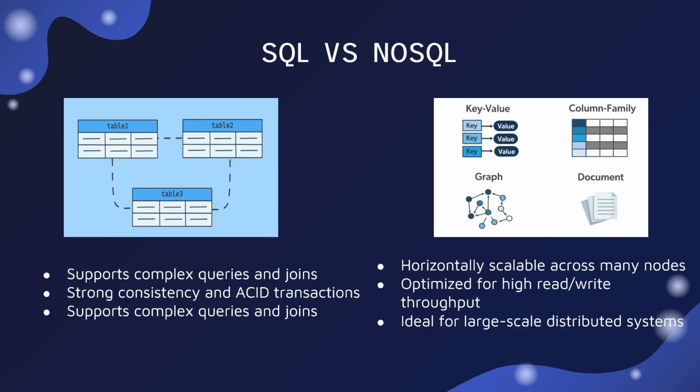Here we have a comparison between the relational database, SQL, and NoSQL. While SQL is great for relational data, Tinyurl is basically a giant key-value store. We don't need complex joins or ACID transactions for the mapping itself.